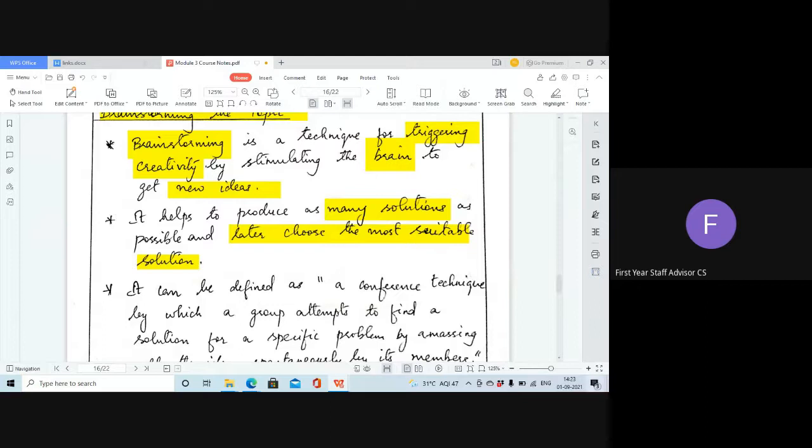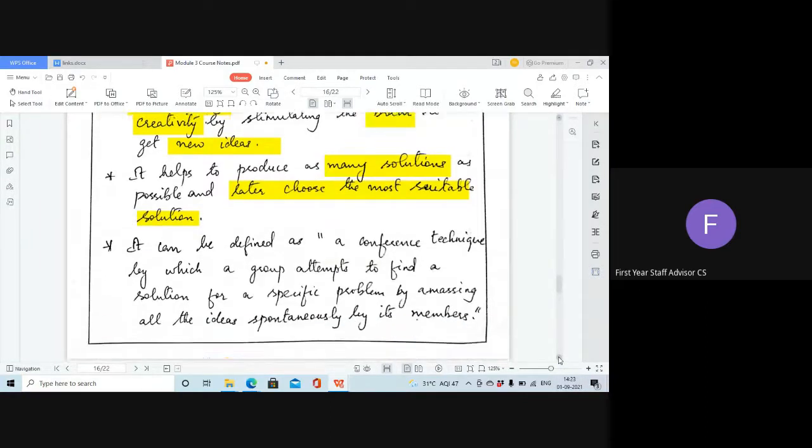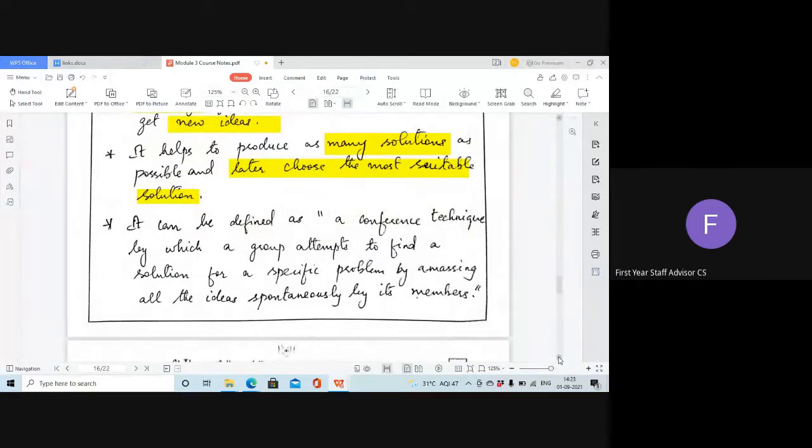After discussion, the do's and don'ts of the idea will be discussed, and then the most suitable solution will be accepted. So it can be defined as a conference technique. The brainstorming technique is defined as a conference technique by which groups attempt to find a solution.